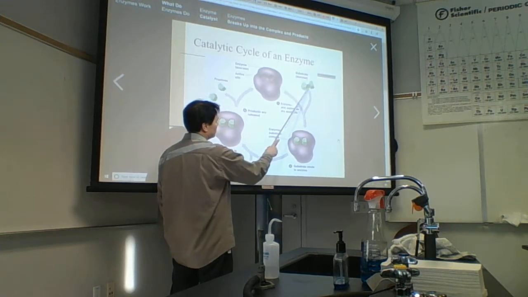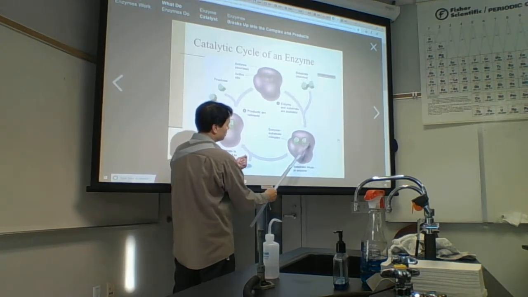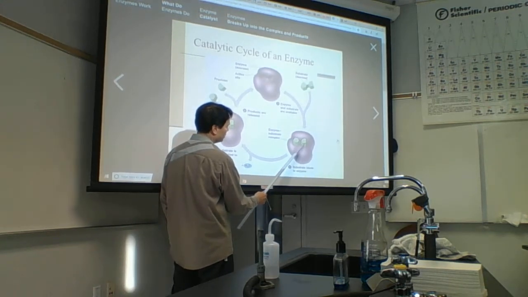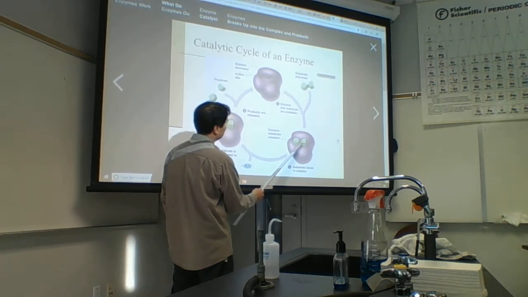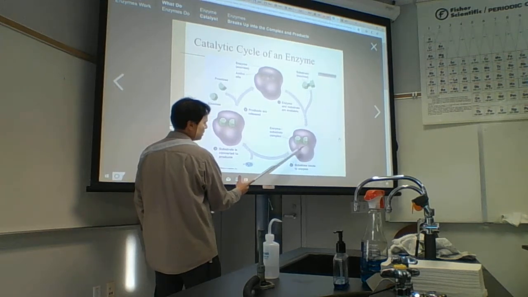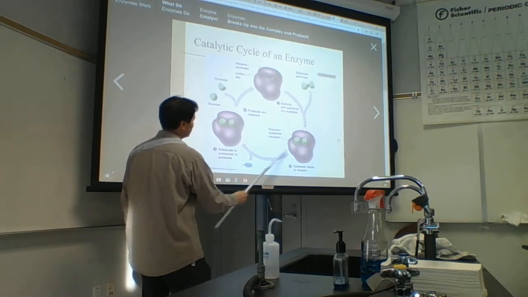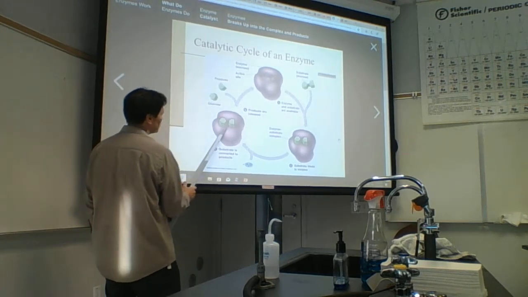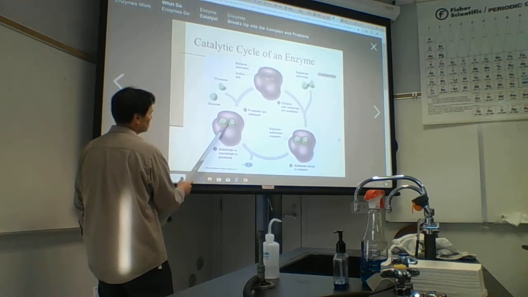And this bond's not so easy to break, but you know what happens with the catalyst is the catalyst pulls on this bond. It puts a tensile stress on the bond, which makes it easier to break. And so when this one locks in here, just by intermolecular forces, it's pulling them apart, and therefore that bond is easier to break. Once the bond's broken, then the catalyst is no longer attracted to this.